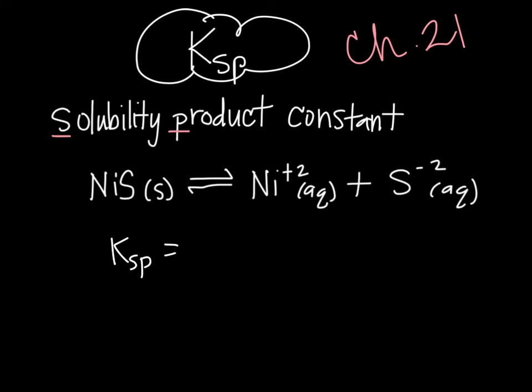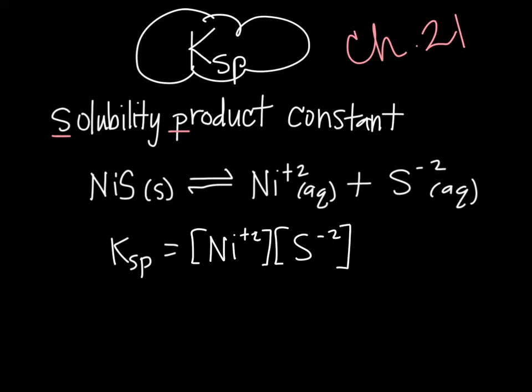The coefficient would become the power, products over reactants. But notice that our reactant is a solid, and remember, we do not include solids in our equilibrium expression. So if you can remember that Sp stands for solubility product, then for Ksp we are only including the product side, because the reactant is a solid.